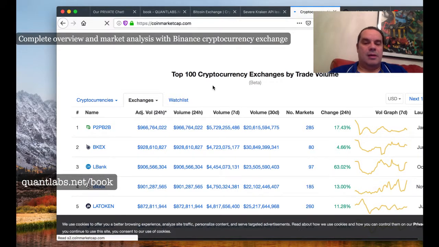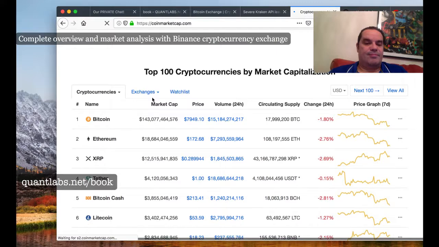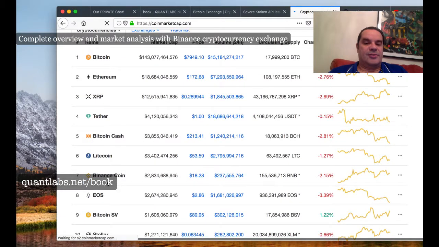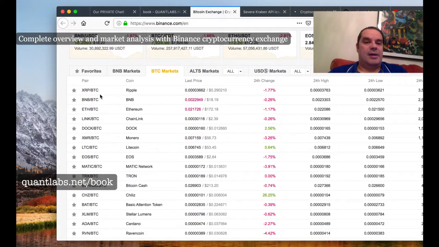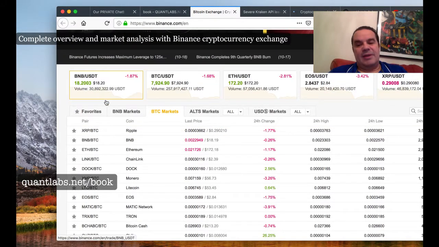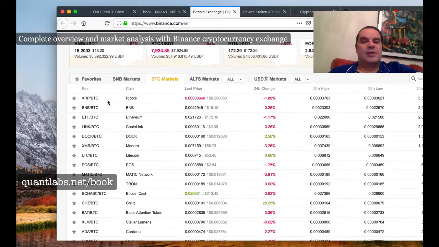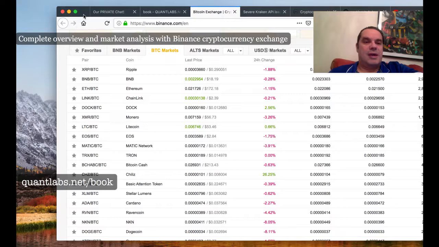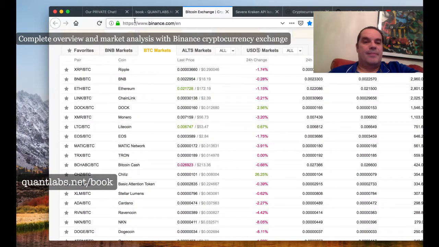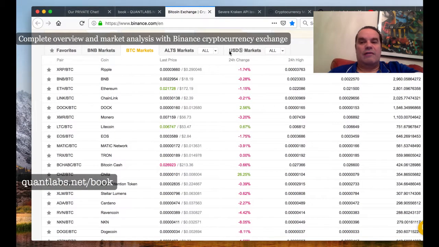BNB, which is the Binance coin, is number 7, which shows you the volume of Binance with its own coin. Things may have changed, but when you look at the 24-hour volume, you can always use that as a comparison.